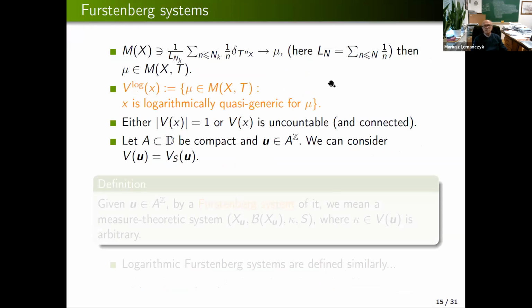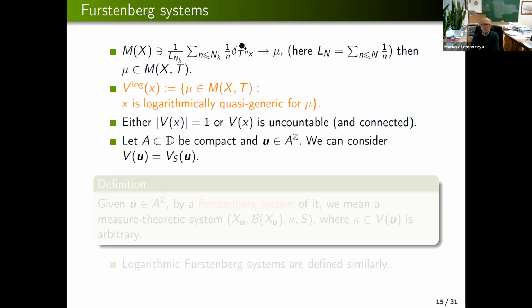Okay, and the next slide is somehow changing our point of view. I don't know if this is the same in physics or in computer science, but in dynamics, we are used to averaging in the Cesaro sense, so just arithmetic means. But in number theory, they use other ways of averaging, and one of the natural ways is taking logarithmic averages.